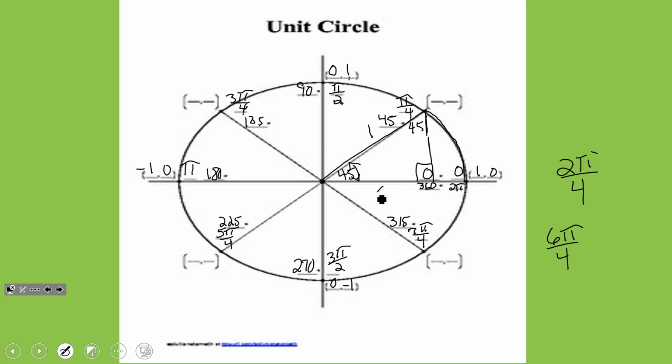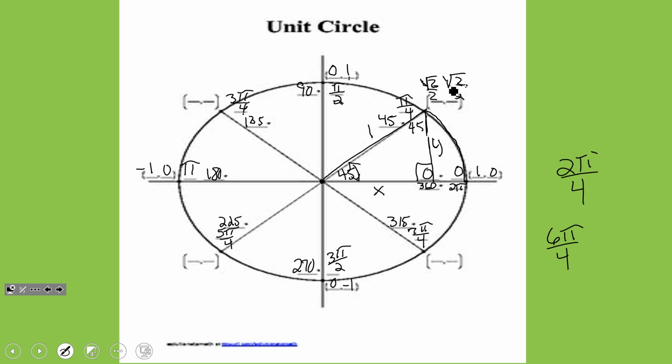So what's the x? We did it 2 seconds ago. It was the square root of 2 over 2. One leg is going to be the same as the other leg, so what's the y going to be? Positive square root of 2 over 2.